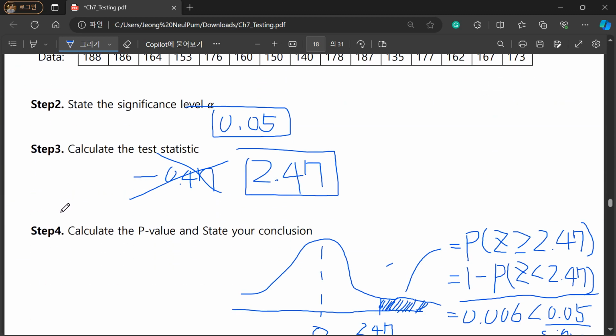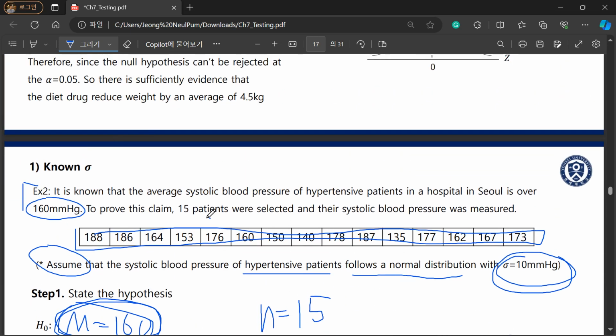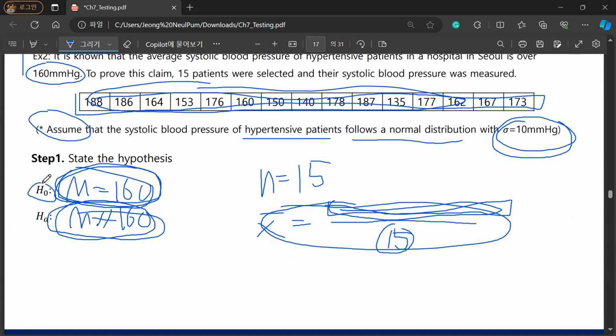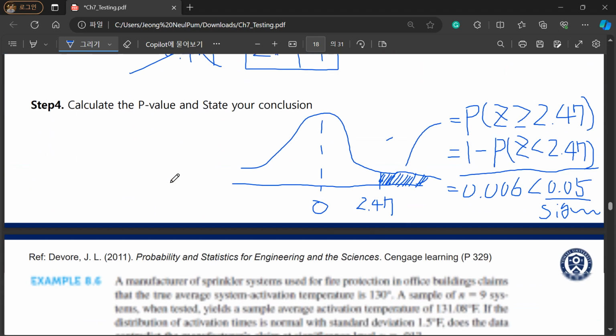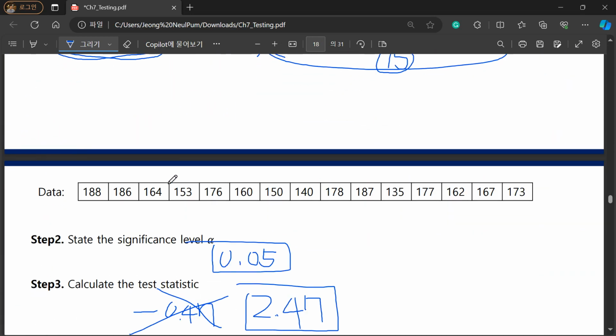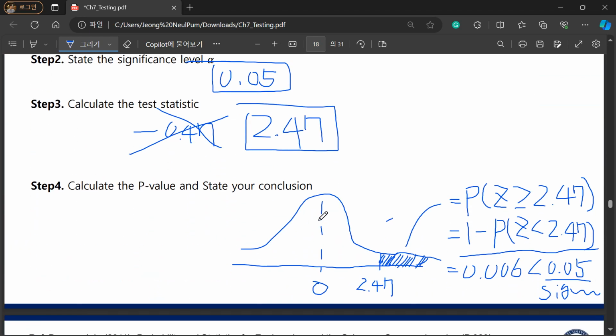We have enough evidence to say that our population mean is not equal to 160, based on our sample, after assuming that our null hypothesis is true. So this is the example in which we rejected the null hypothesis and go to the alternative hypothesis.